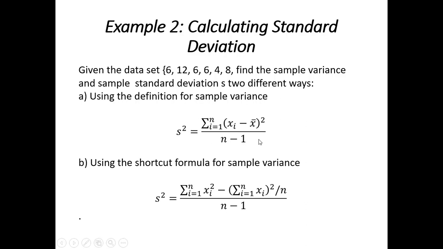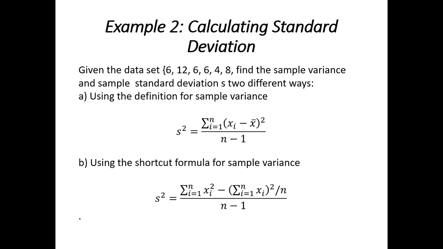Okay, well, there's also what I will call a shortcut formula, which tells us that we could look at the sum of the data points squared minus the sum of all the data points, and then we square that sum, divide that by n, and then we simplify this numerator and divide by n minus 1.